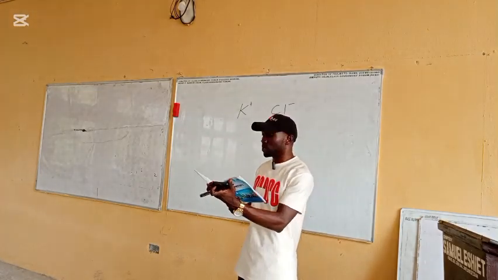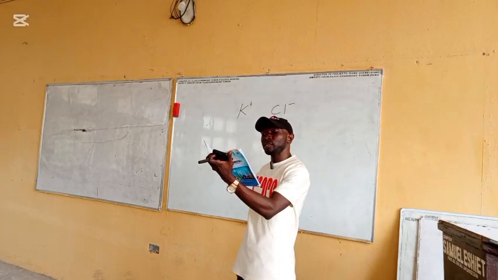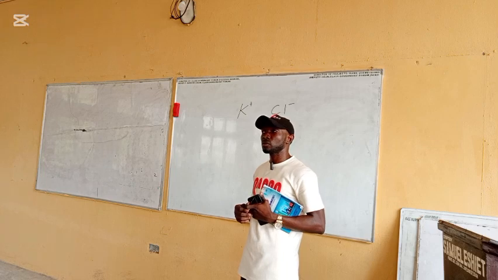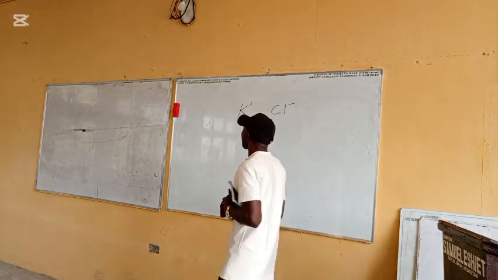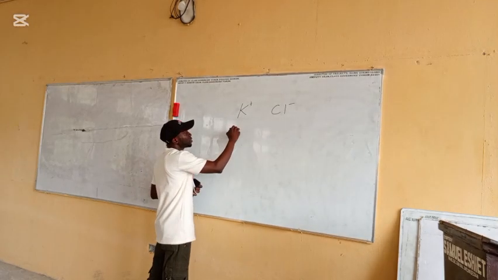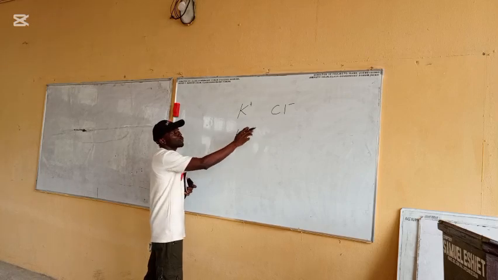So the next question says, write the Lewis symbols for each ion. Now listen up. So what are the Lewis symbols for each ion? The Lewis symbol for this ion here still remains K plus. Now what's the Lewis symbol for the other one?